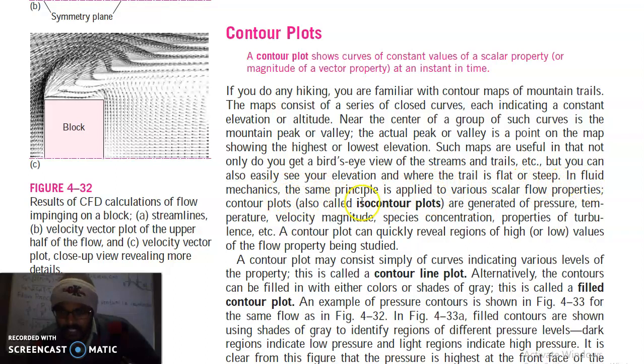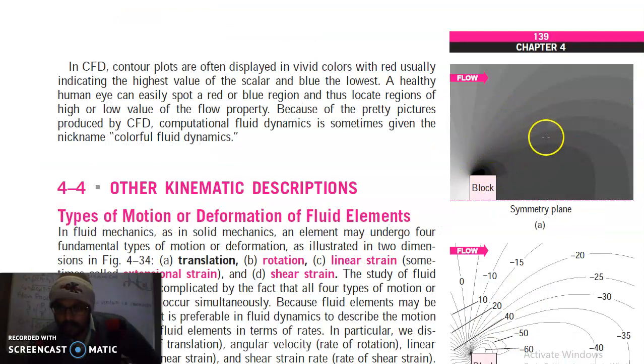In fluid mechanics, the same principle is applied to various scalar flow properties. Contour plots, also called isocontour plots, are generated of pressure, temperature, velocity magnitude, species concentration, properties of turbulence, etc. A contour plot can quickly reveal regions of high values of the flow property being studied. So this is the contour plot, and you can see the dark region shows the high pressure and the low region shows the low pressure.